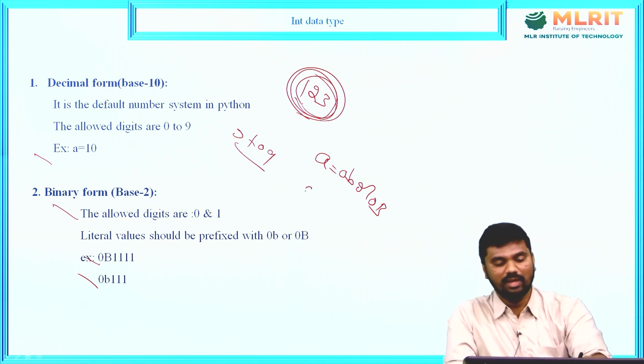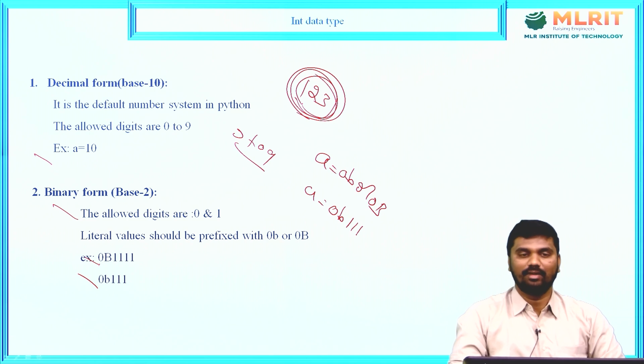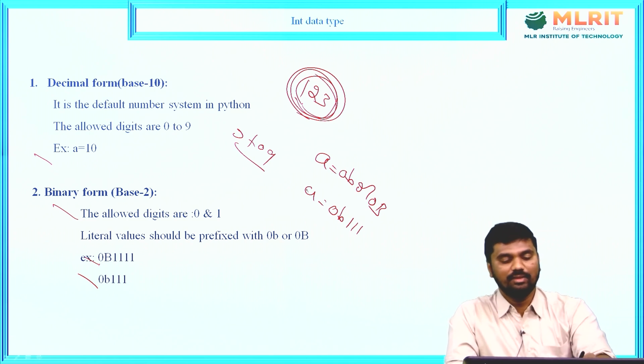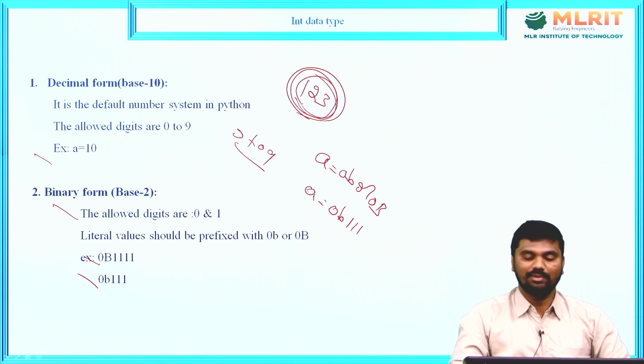For example, a equals 0b11111. In this way we can represent int values in binary form.